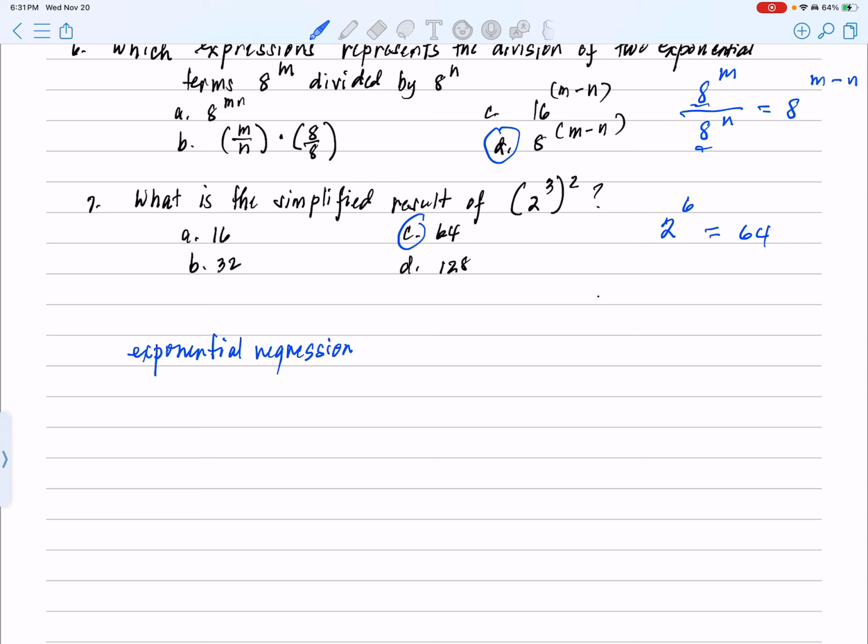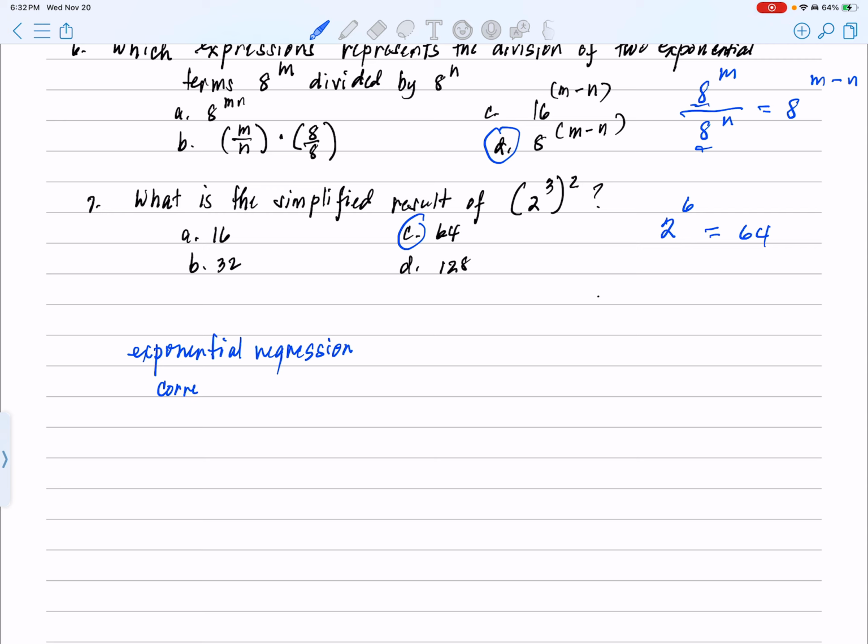But there are some other ways to evaluate an exponential function, and one is finding the correlation coefficient. We'll be doing that.